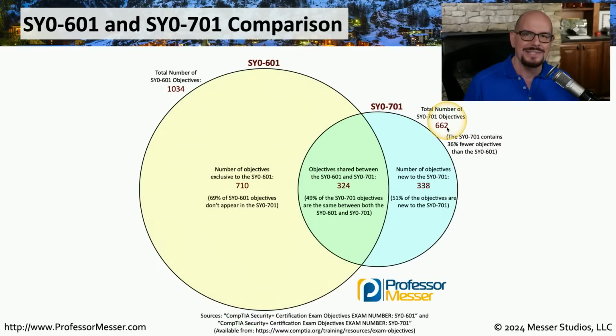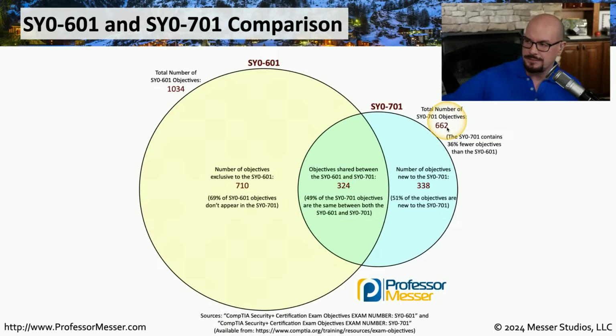Now, that doesn't necessarily make it any easier or any harder, but it is a very different number of objectives that you need to memorize. So I guess if you wanted to argue only on the number, well, the 701 is a smaller exam to study for because it has a significantly less number, 36% fewer objectives than the 601. So about a third smaller, if you want to look at it that way.